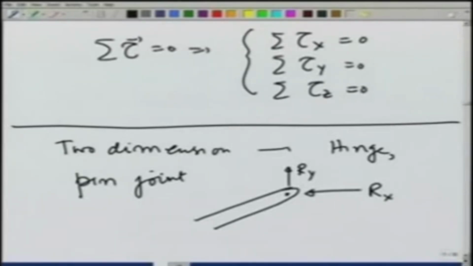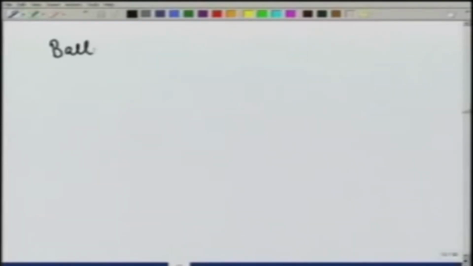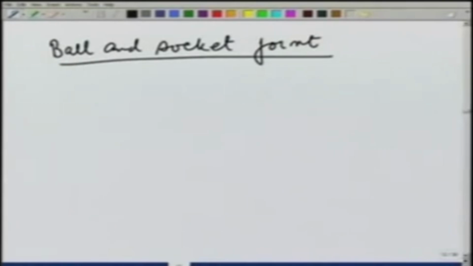In three dimensions, a similar joint is called a ball and socket joint, which is nothing but a socket in which a ball fits and it can rotate in any direction.